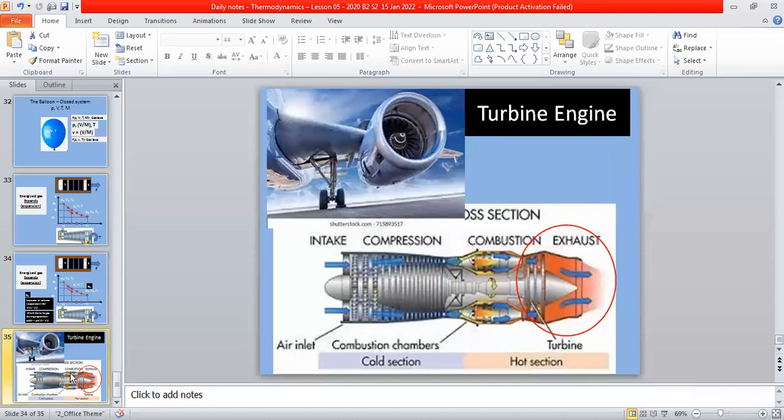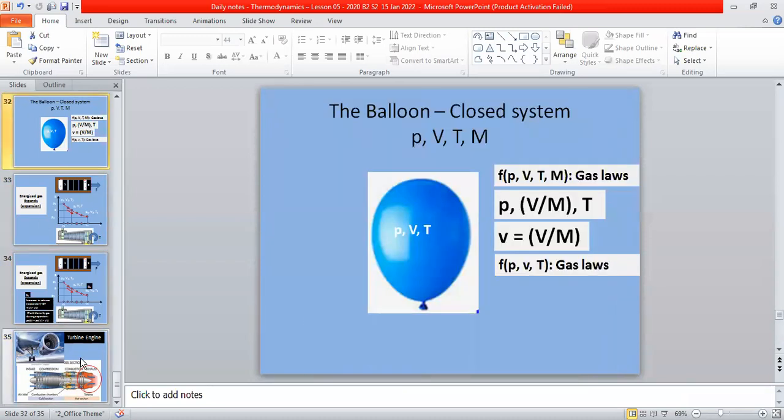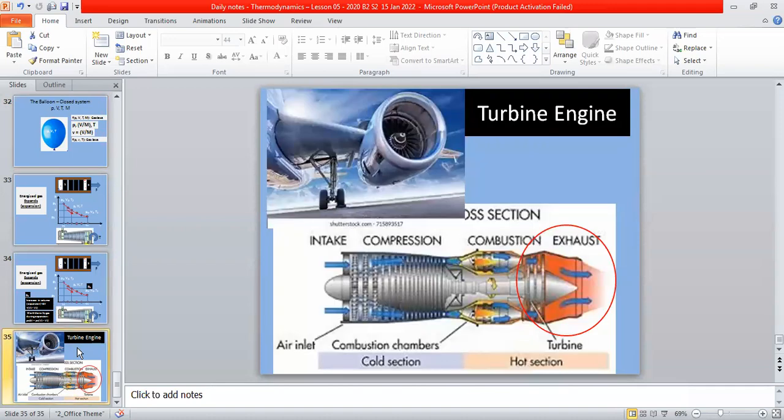In aircraft turbine engines, other than the turbine, there is a combustion component and also a compression component, and there is a propulsion component at the exhaust, the nozzle component. Interesting. So try to connect the theories to practical applications.